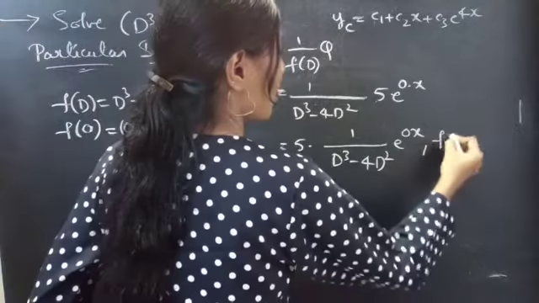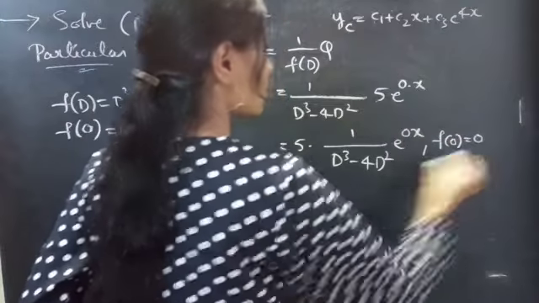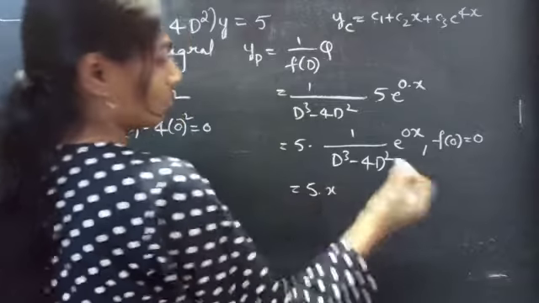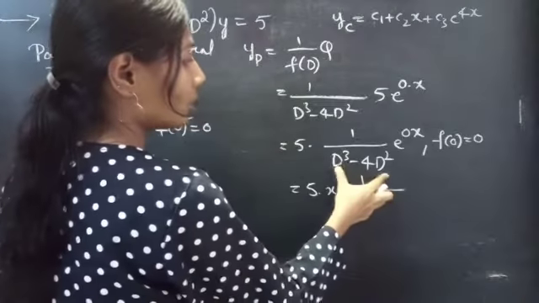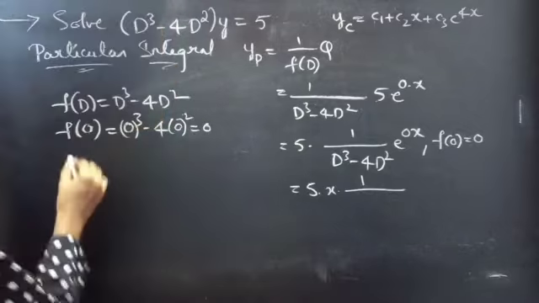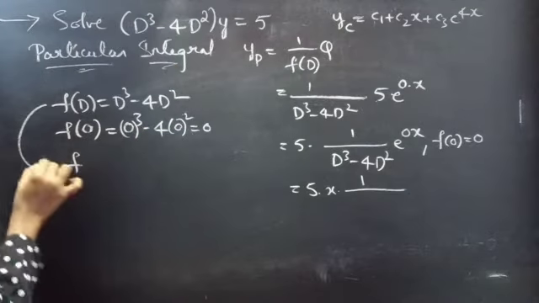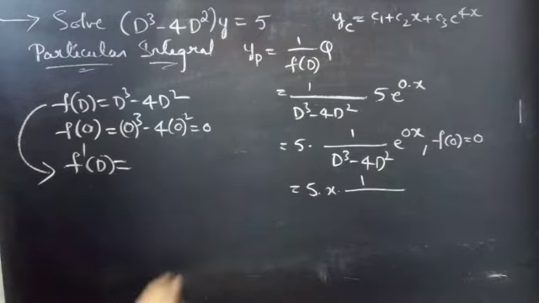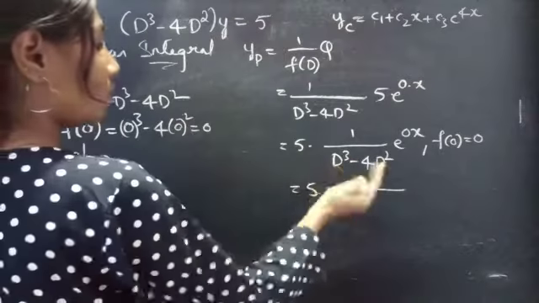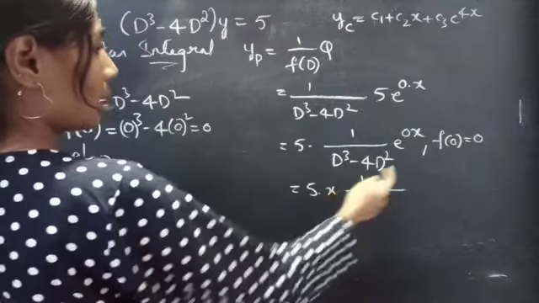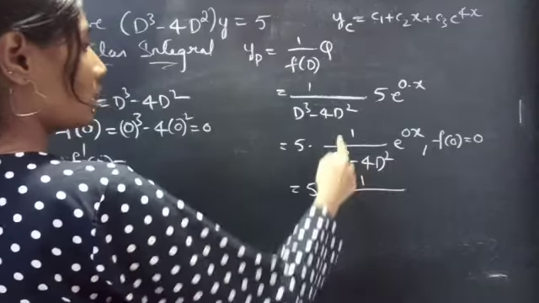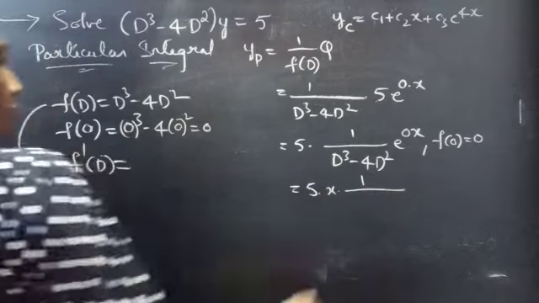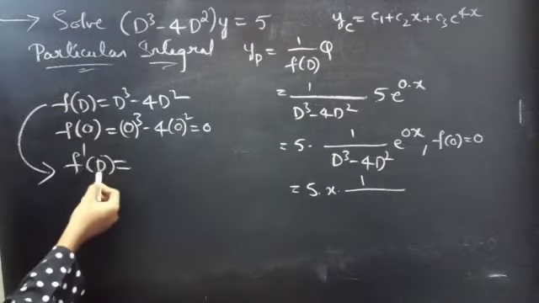Since f of 0 equals 0, we write x and find the derivative of this, that is f dash of D. Since f of 0 is 0, you can't replace D by 0, because you'll get the denominator as 0, and 1 by 0 will be infinity. So we'll not put 0 in place of D and we'll find f dash of D.